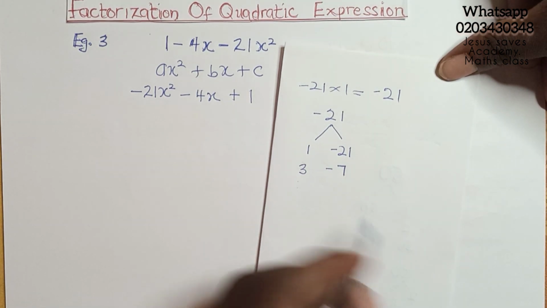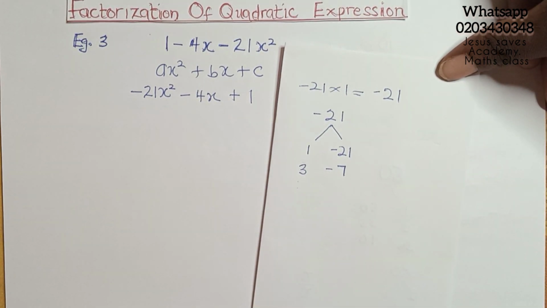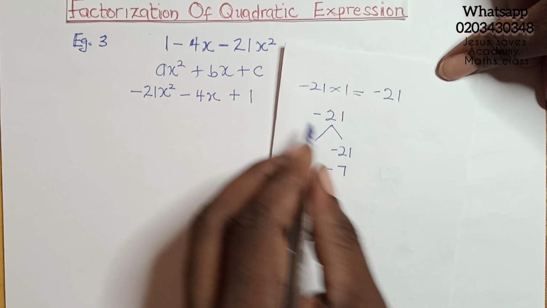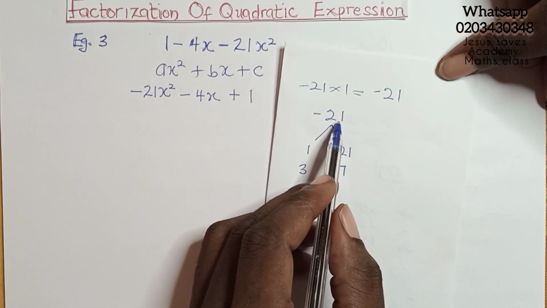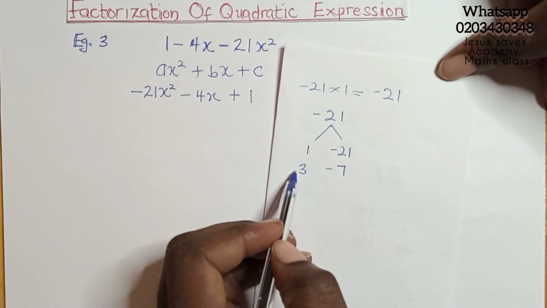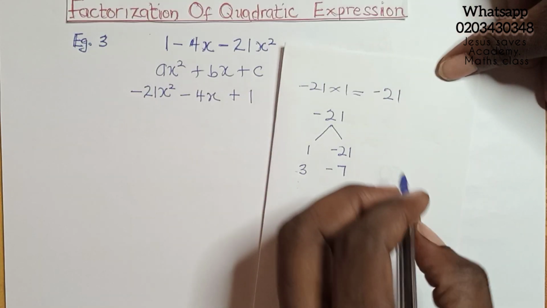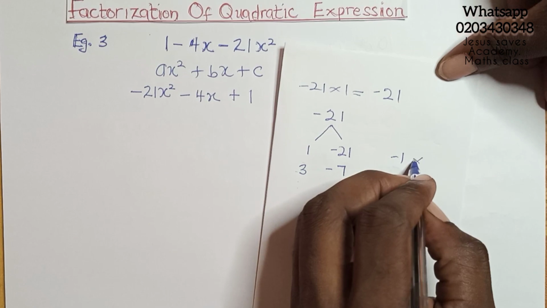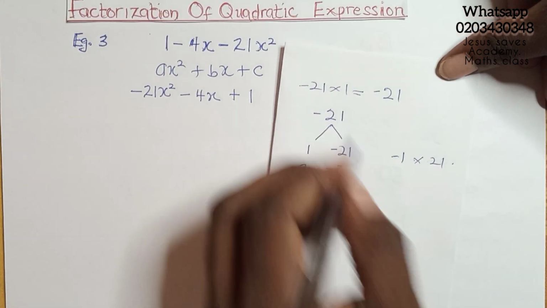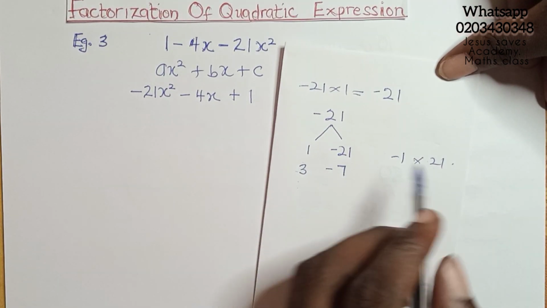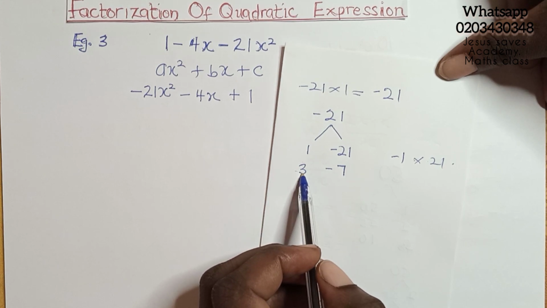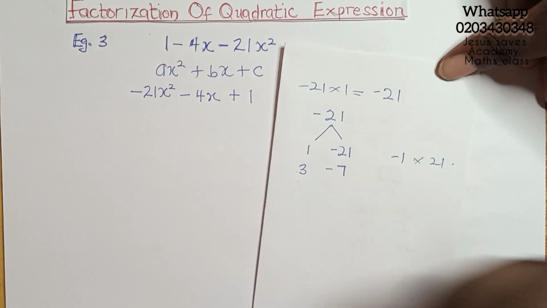Now let's check. We can also have other factors which will still give us negative 21, by negating one of them and making the other positive. For example, negative 1 times 21 will give us negative 21, then negative 3 times 7 will also give us negative 21.